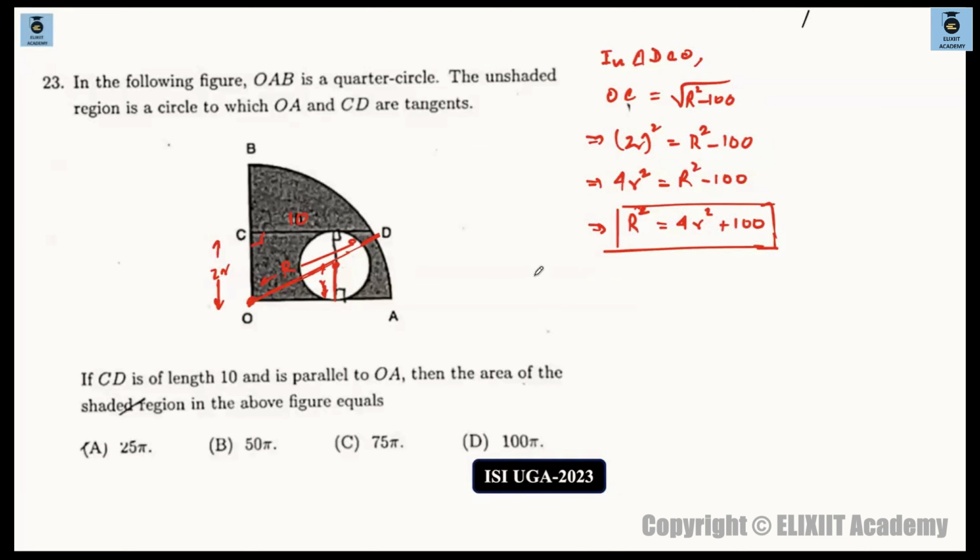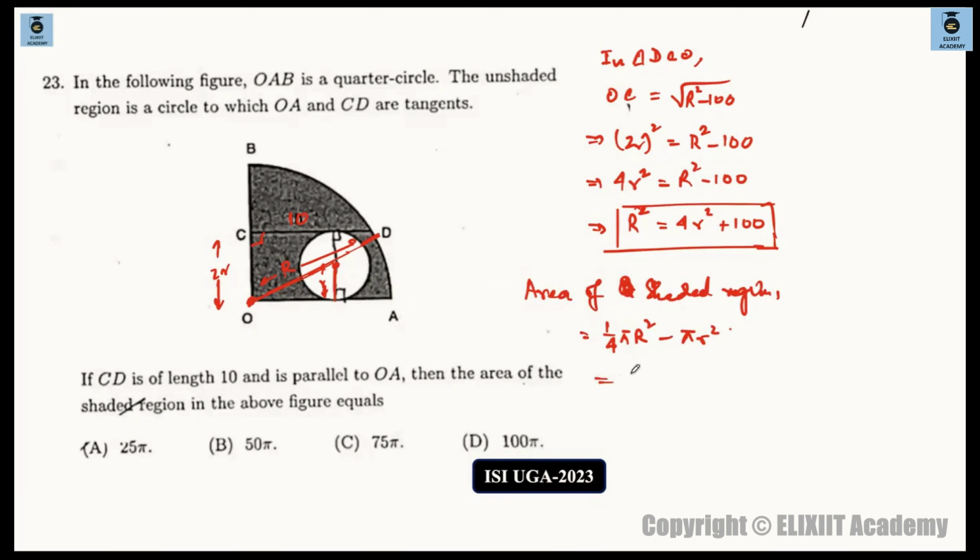So the area of the shaded region will be the area of the quarter circle, which is 1 by 4 pi R square, minus pi r square. This pi r square stands for the area of the smaller circle.